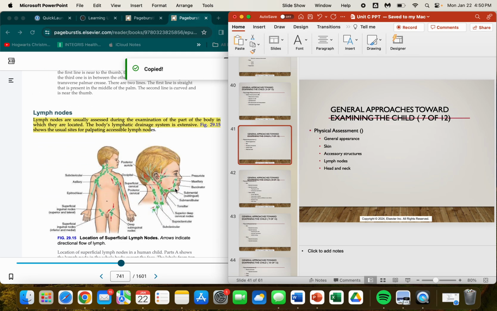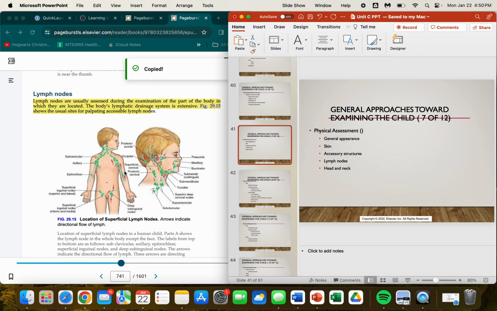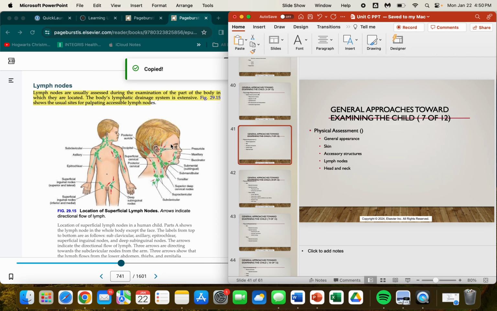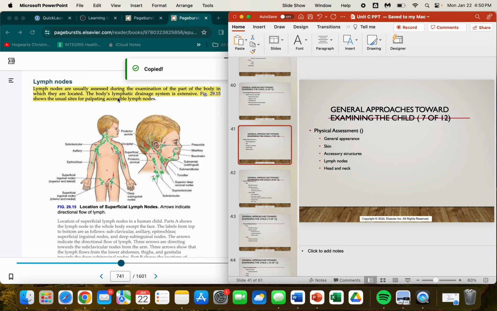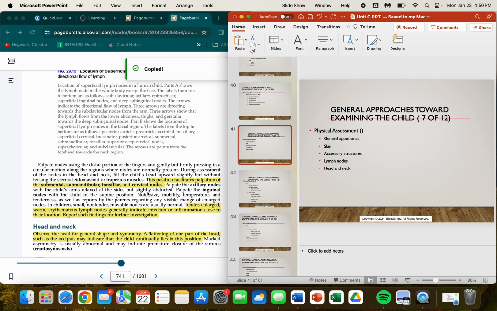Lymph node assessments are very common assessments in children. Usually those are done by an advanced practice provider, but just know that when they're doing a lymph node assessment, those are usually palpated, especially underneath the throat, sometimes on the axillary nodes.